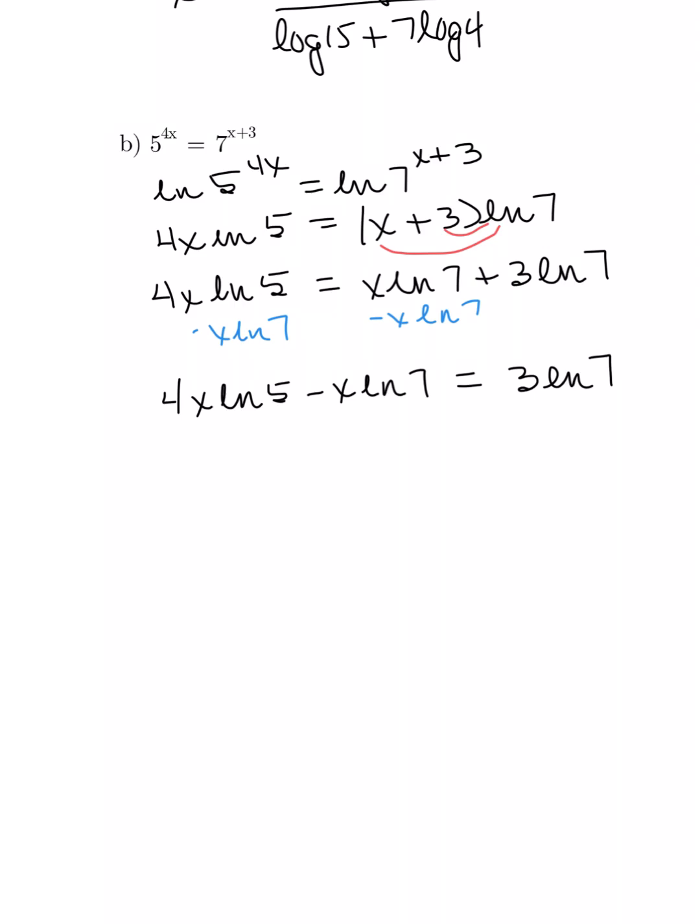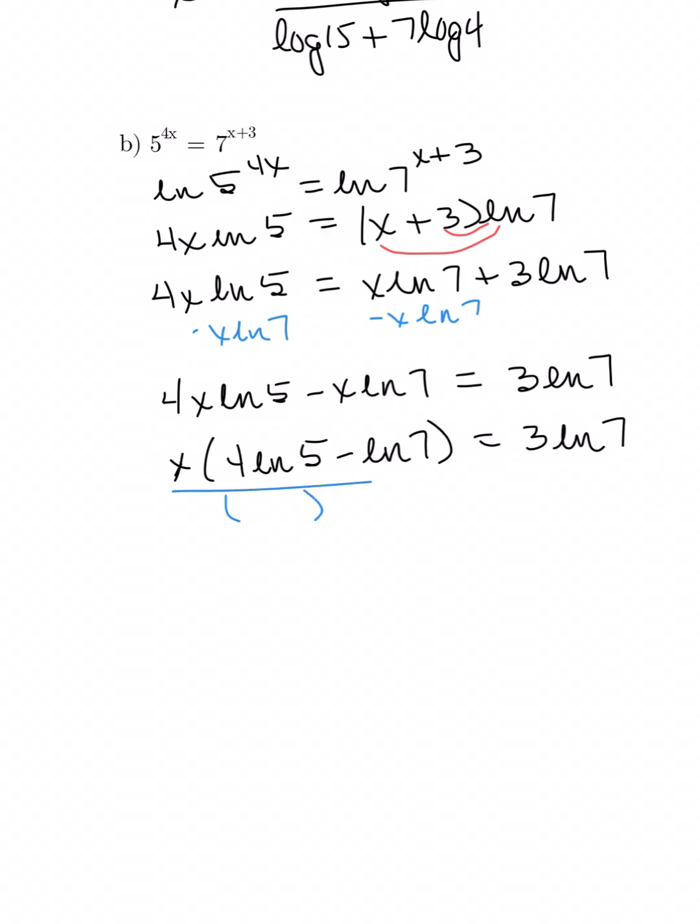Factor out an x on the left side, so you will have x times 4 natural log of 5 minus natural log of 7 equals 3 natural log of 7. To get the variable by itself, we're going to divide by the quantity.